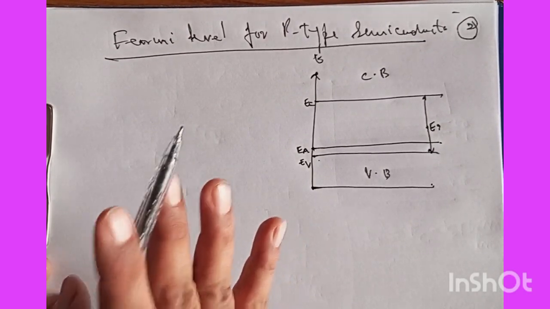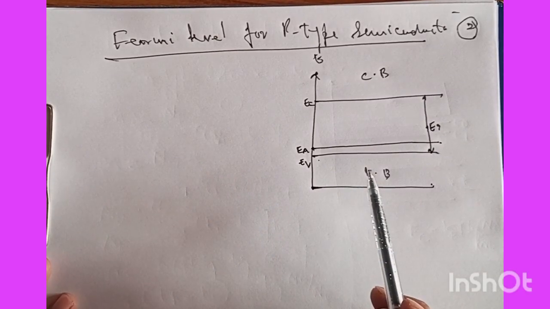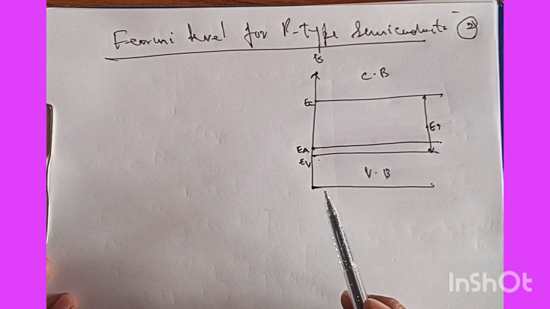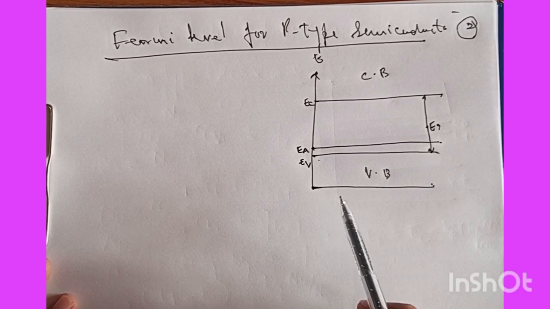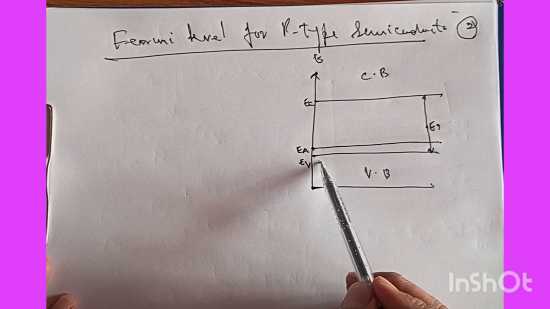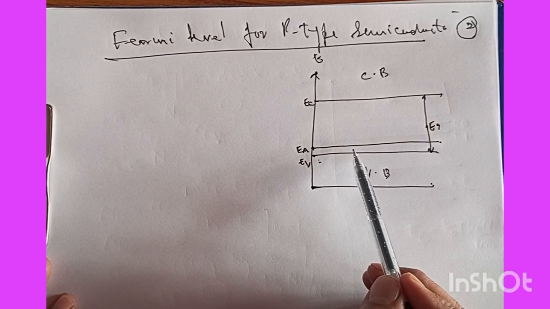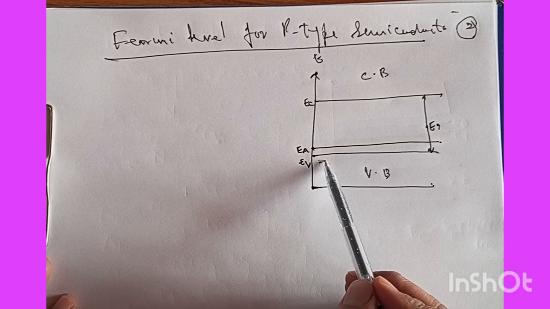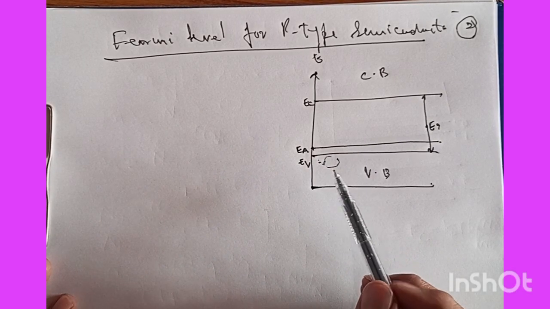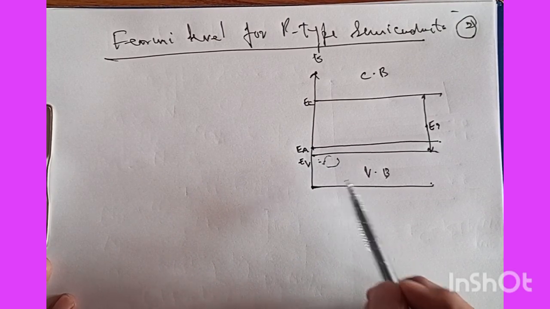Due to this, a large number of holes get generated in the valence band, and at room temperature, the electrons from the valence band jump to the acceptor energy levels. Right? So electrons from this valence band jump to the acceptor energy level, leaving behind a hole, a positively charged vacancy, in the valence band.